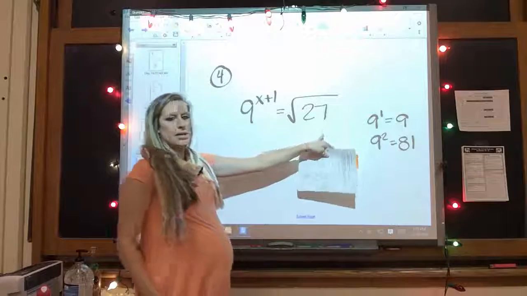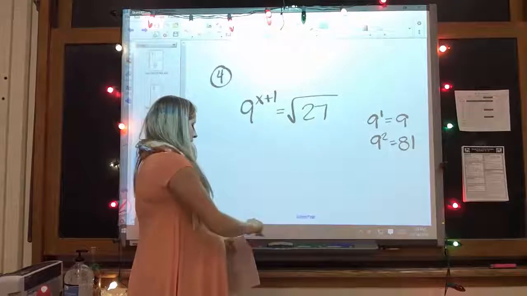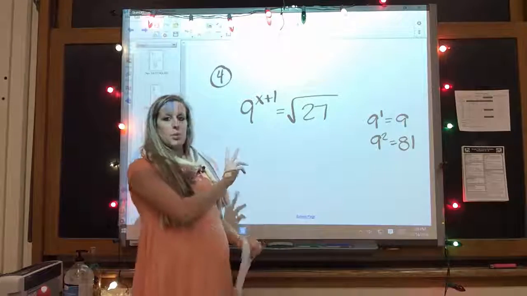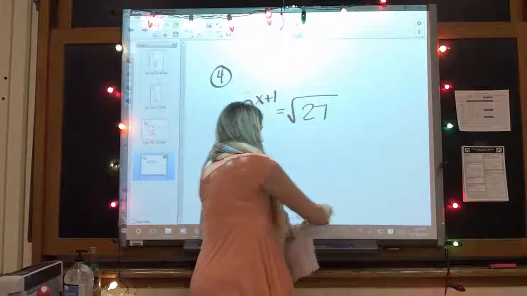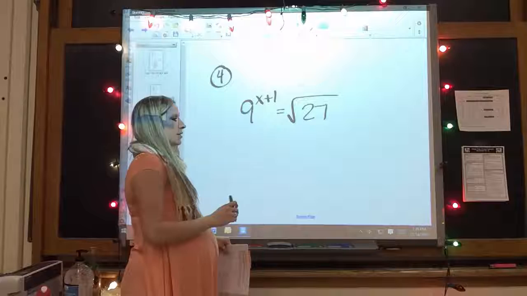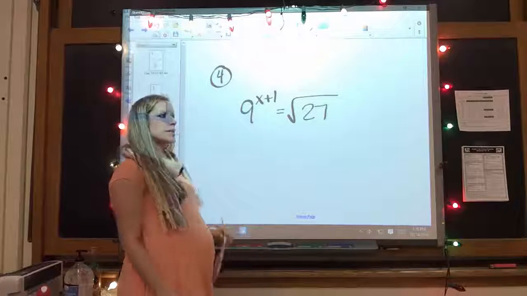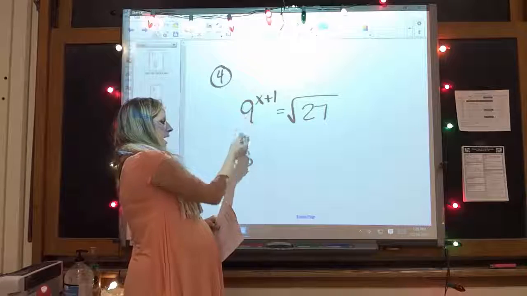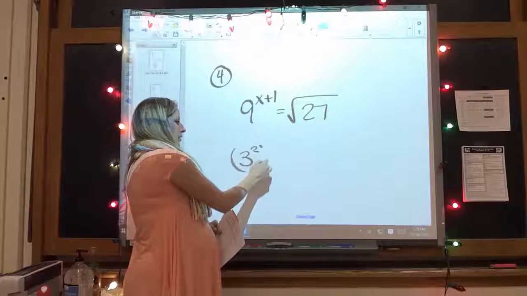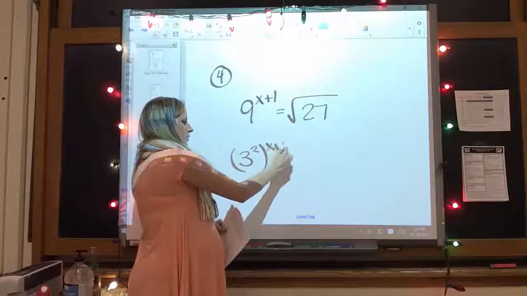There's no way to get 27. So we're actually going to have to manipulate both of these to get the same base. The only base that'll work for both would be 3. 9 would be 3 squared to the x plus 1.